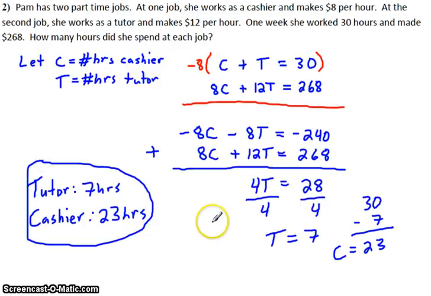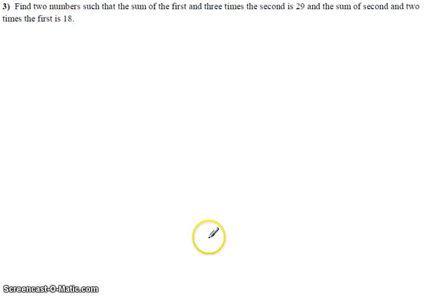Cool. All right, one more to go. Number 3. Find two numbers such that the sum of the first and 3 times the second is 29, and the sum of the second and 2 times the first is 18. All right, so we've got these two numbers, the first number and the second number.